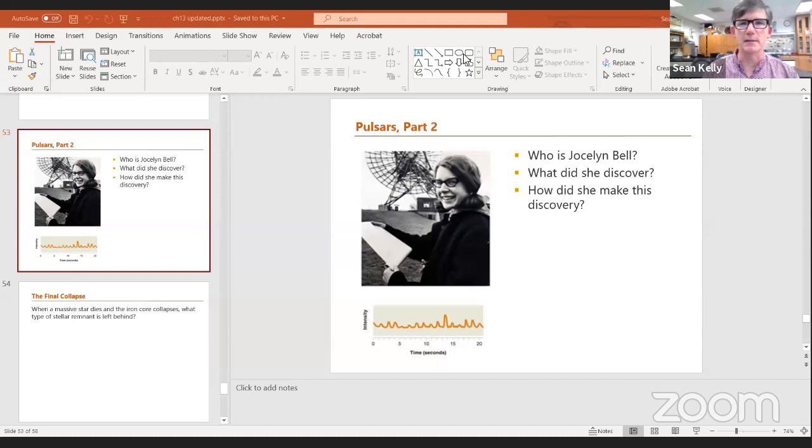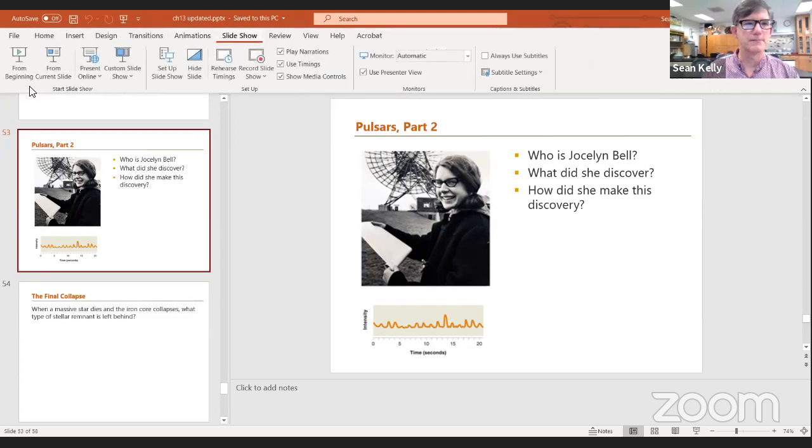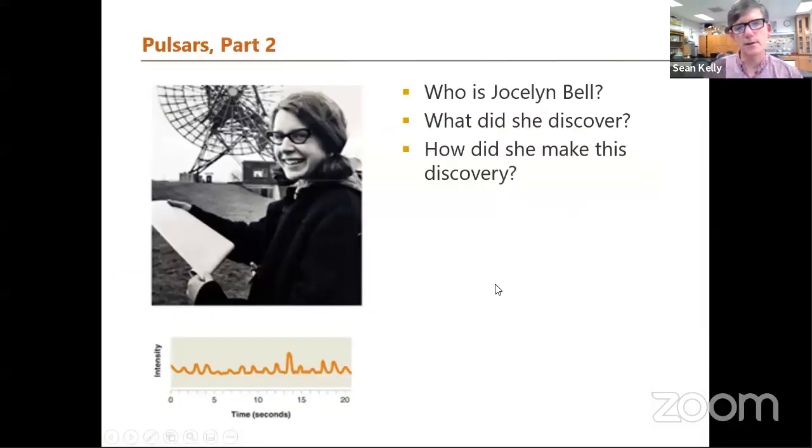Jocelyn Bell. So Jocelyn, we said before, was a radio astronomer, and she and her advisor, Anthony Hewish, built this beautiful telescope radio antenna array, and she discovered these pulses of radio signal. And at first she thought they were human made, right?